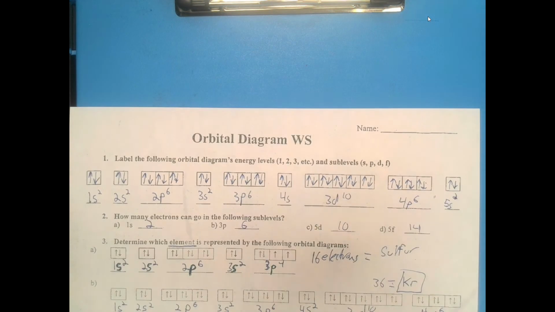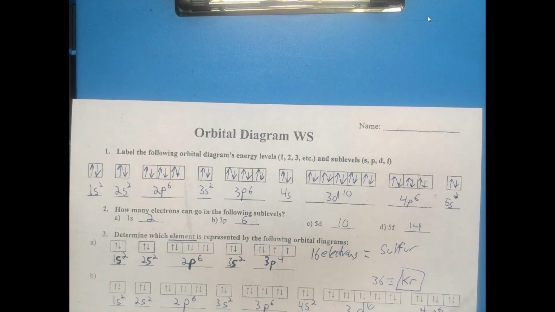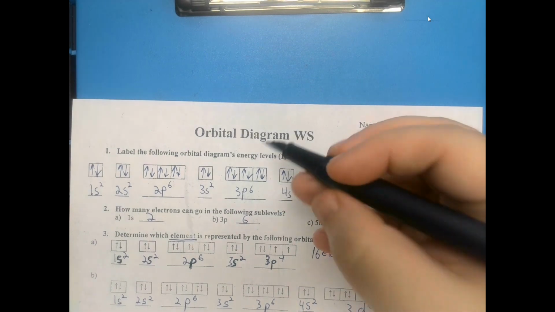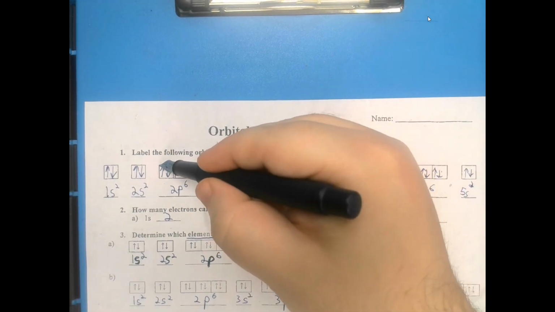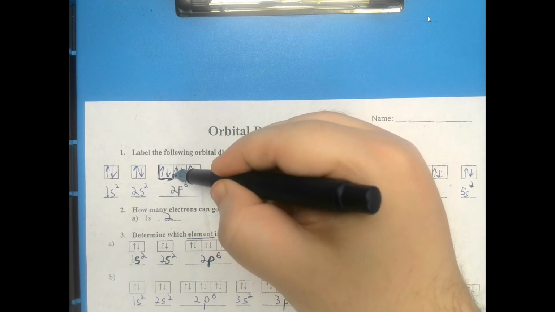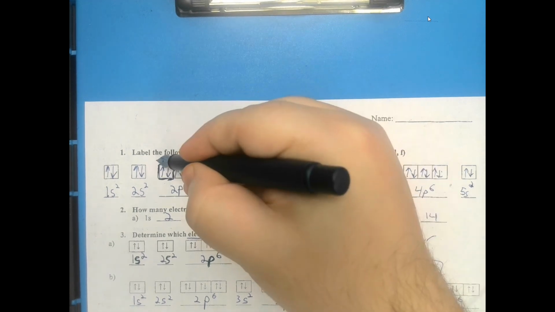So going back to this square right here, just this square, is called an orbital.